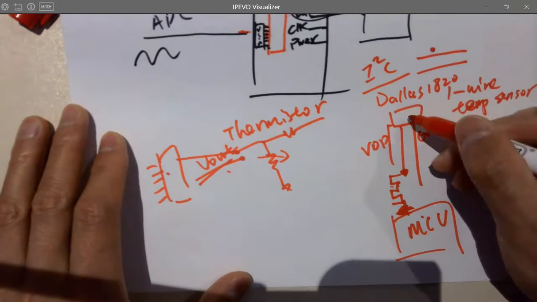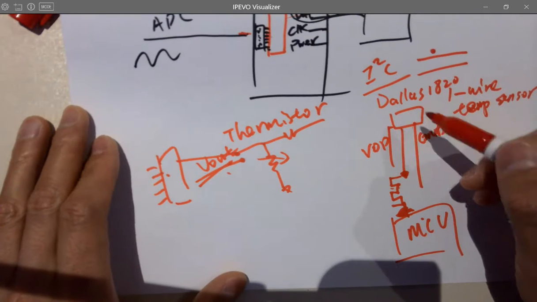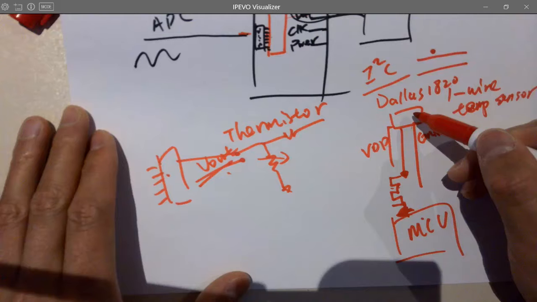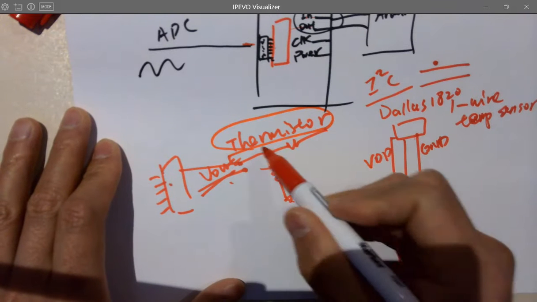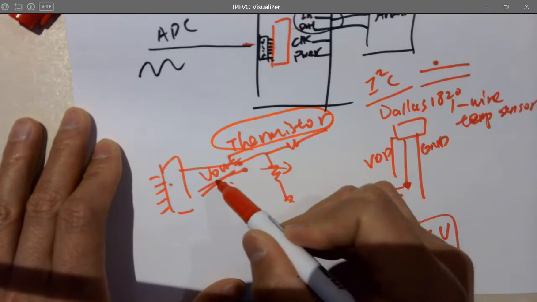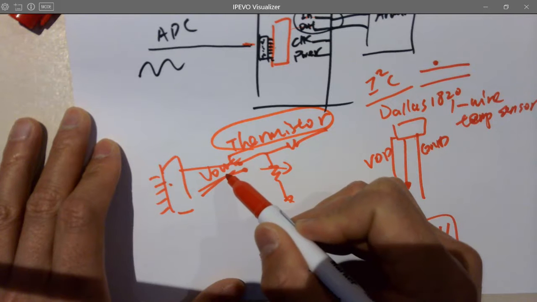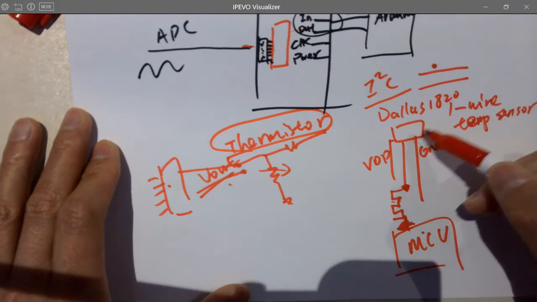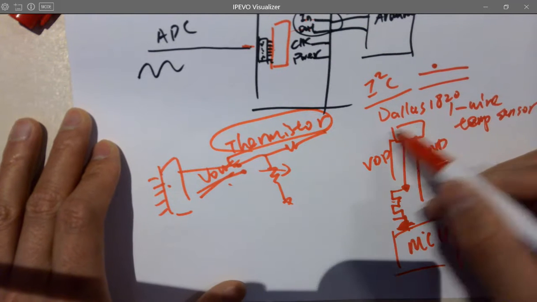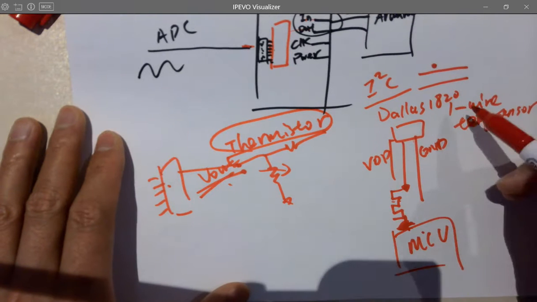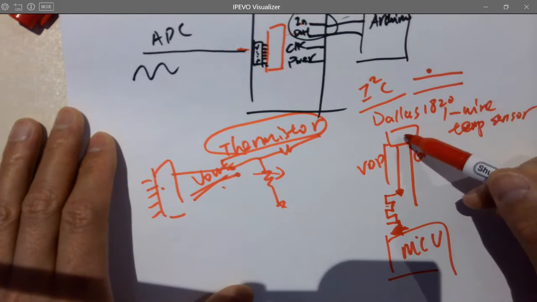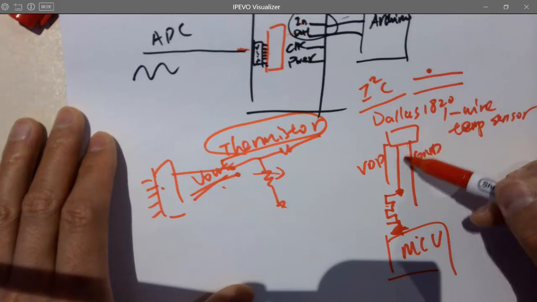So what's happening inside, you can imagine, it must have a very simple temperature sensor, which can convert temperature into analog voltages. And then it must have an ADC to digitize that analog voltage into a digital signal, and then do the parallel to serial.